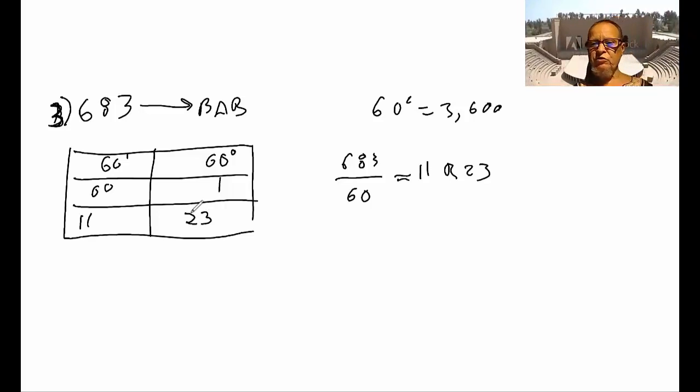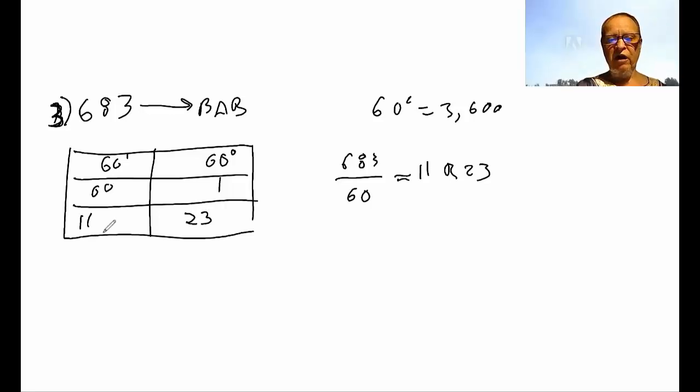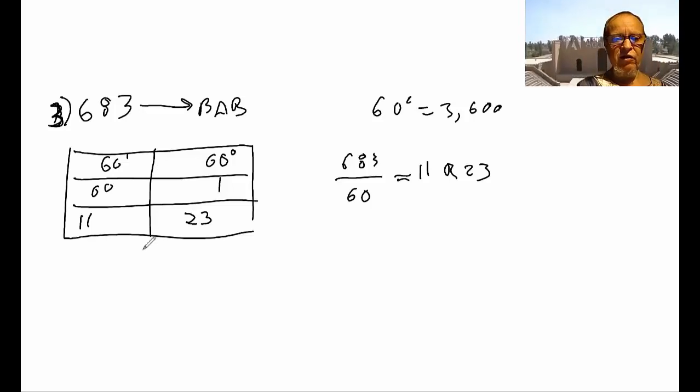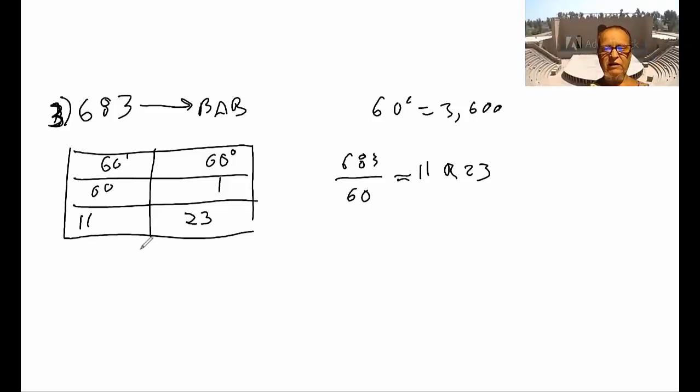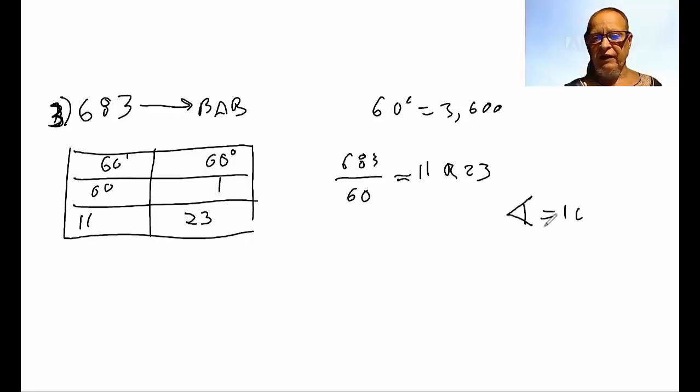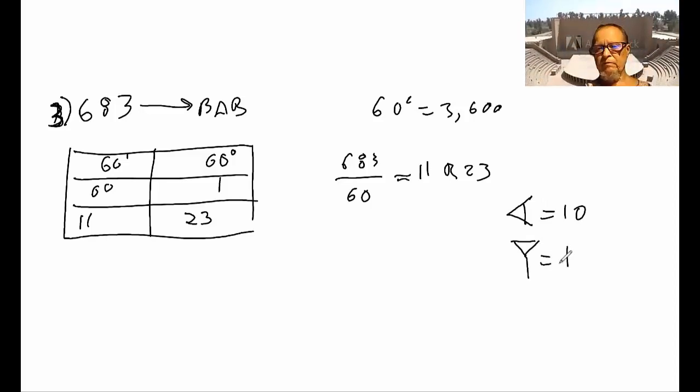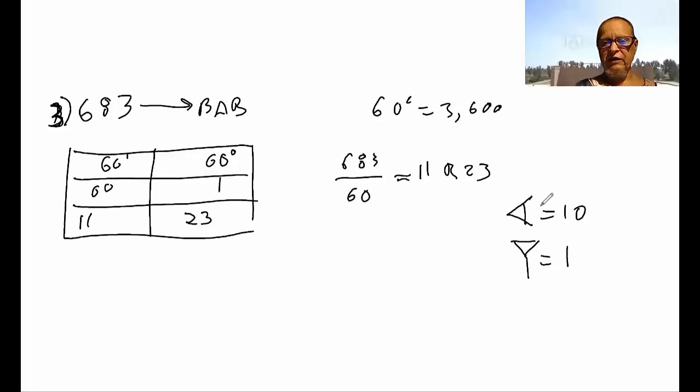Now, as mentioned earlier, each of these columns, this line will represent a space. Now in Babylonian, remember, this will represent 10 and this will represent 1. These are the only symbols that we are interested in here, the 10s and the 1s.